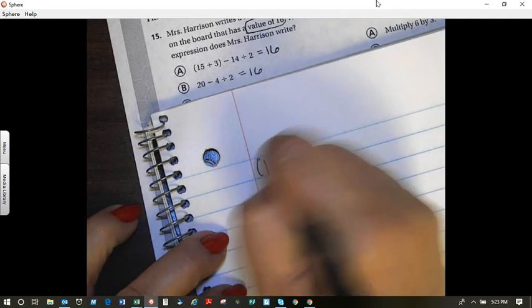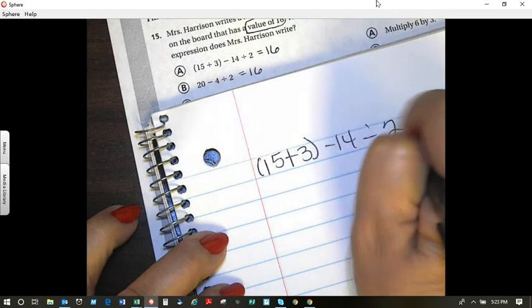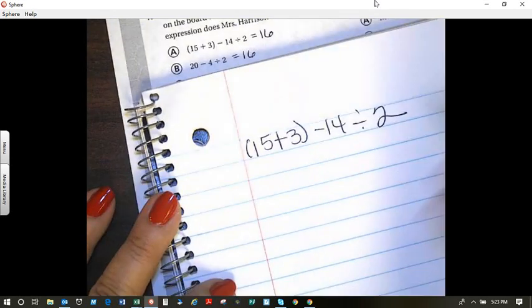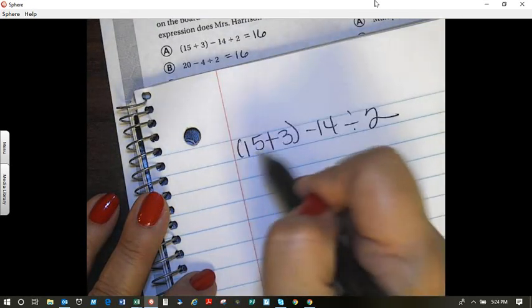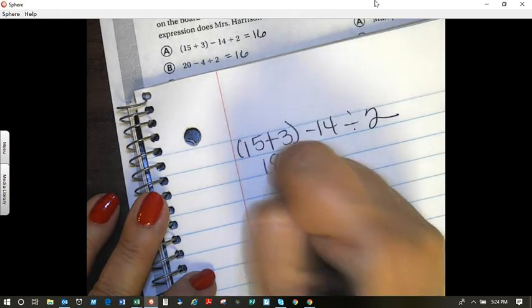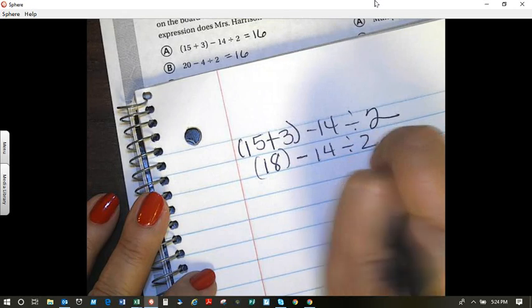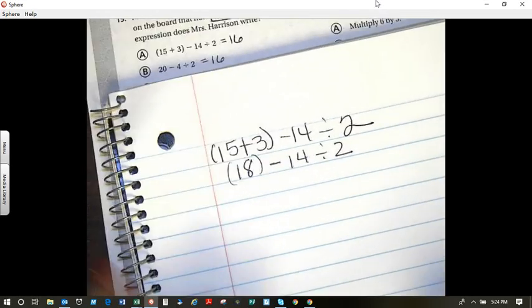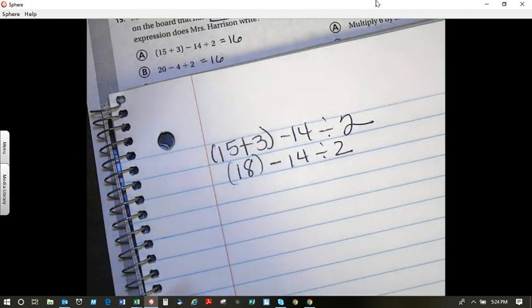I'm going to use the first expression. 15 plus 3 minus 14 divided by 2. Okay, I got to go to my groupings. Remember your groupings, your parentheses, your parents always come first. 15 plus 3 equals 18 minus 14 divided by 2. In our GEMDAS, okay, we don't have anything in our parentheses, but we do have a multiplication or division problem.